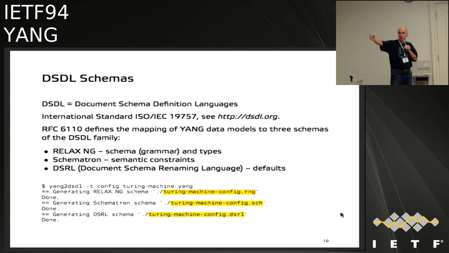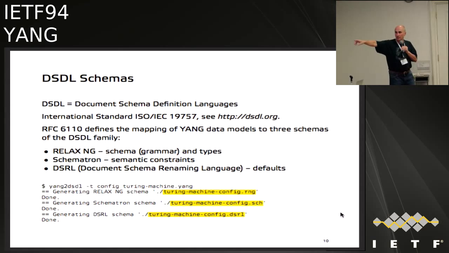So this shell script tool can be used effectively from a command line like this. We can produce these three schemas like this. You have to specify the target that you want to generate the schemas for. That means, in our case, we want to generate a schema for configuration, right?